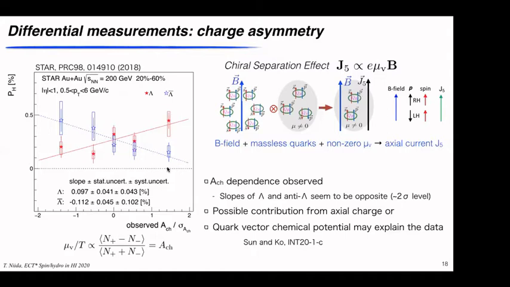There seems to be a charge asymmetry dependence in the polarization, and that slope seems to be opposite for lambda and anti-lambda. So this might be a possible contribution from the axial current, but in this talk, the chiral kinetic approach, they also show that the quark vector chemical potential may explain the data.